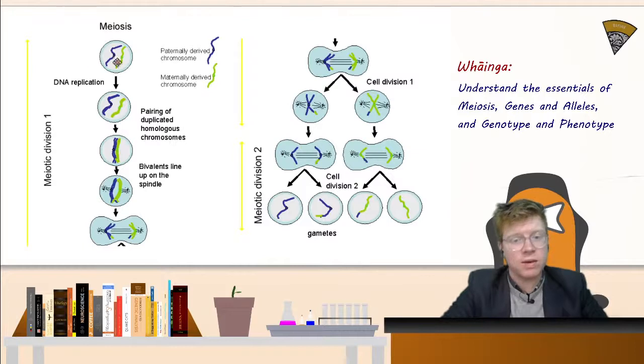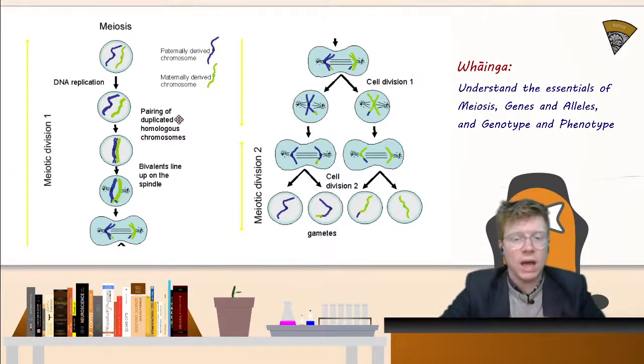You can see in this cell here, it undergoes DNA replication. And we talked about that process last week, where the DNA unwinds and is replicated in a semi-conservative way, so that you have 2 copies, each of which contains half of the original strand.